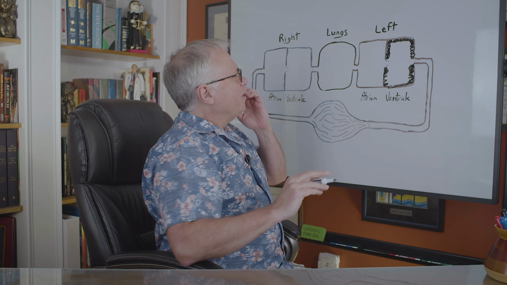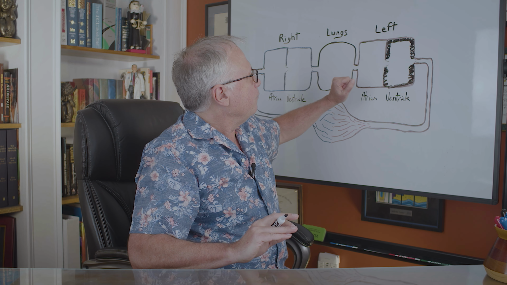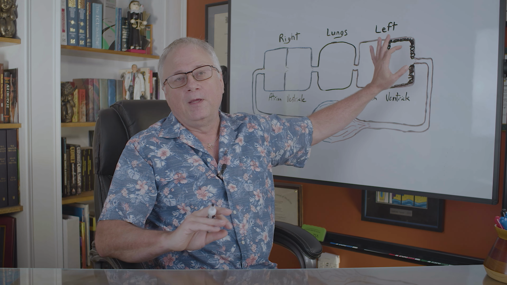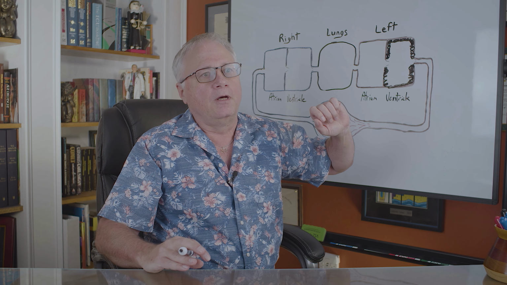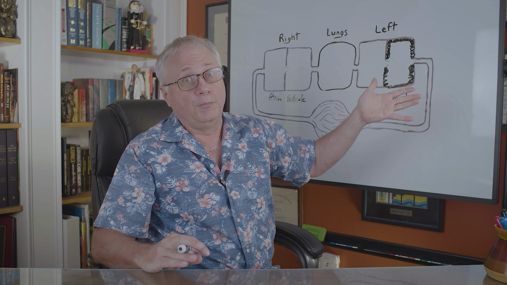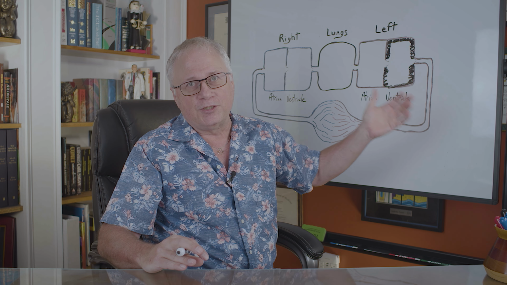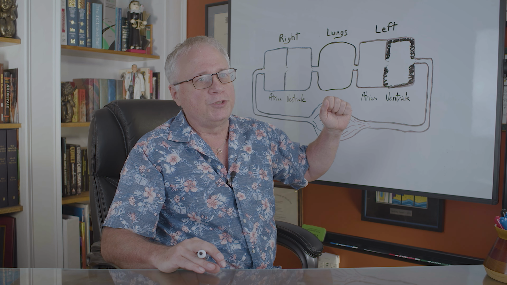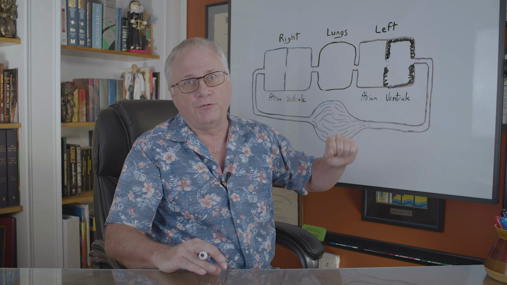And so what that does is it makes it hard for the left ventricle to fill up with blood. Now you can see it in patients who have both diastolic and systolic dysfunction, but a lot of times we'll see patients that just have diastolic dysfunction.